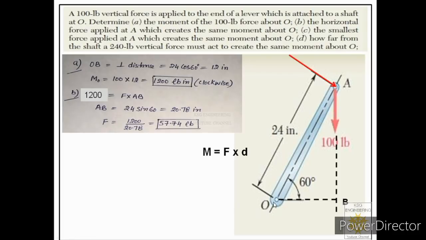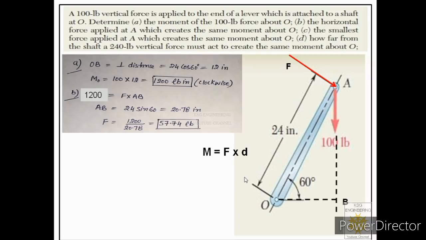Fine. So over here we have to apply force F. This will be the minimum amount of force required to produce the same moment, that is 1200. So you see, we kept this at 90 degrees to the moment arm. So that condition is satisfied, and only then can we use the complete length of the lever.